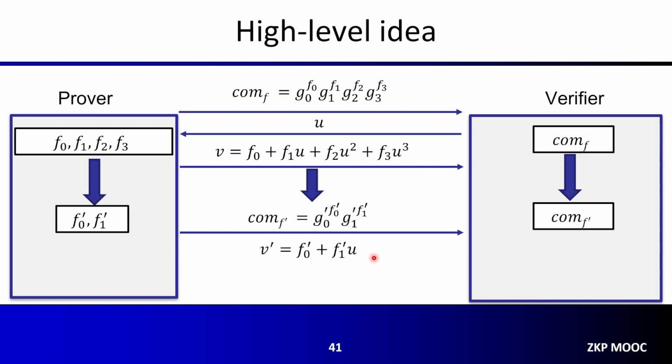Then the prover can just cheat and lie about the original evaluation because there's no relationship between v and v prime and com prime. So the major challenge and the protocol we are going to see next is how can we establish such a connection between the old instance and the new instance.